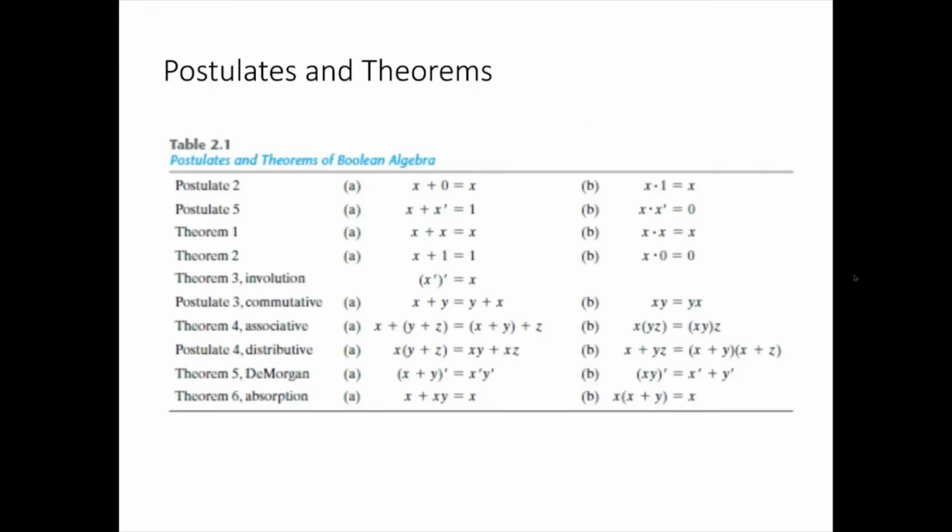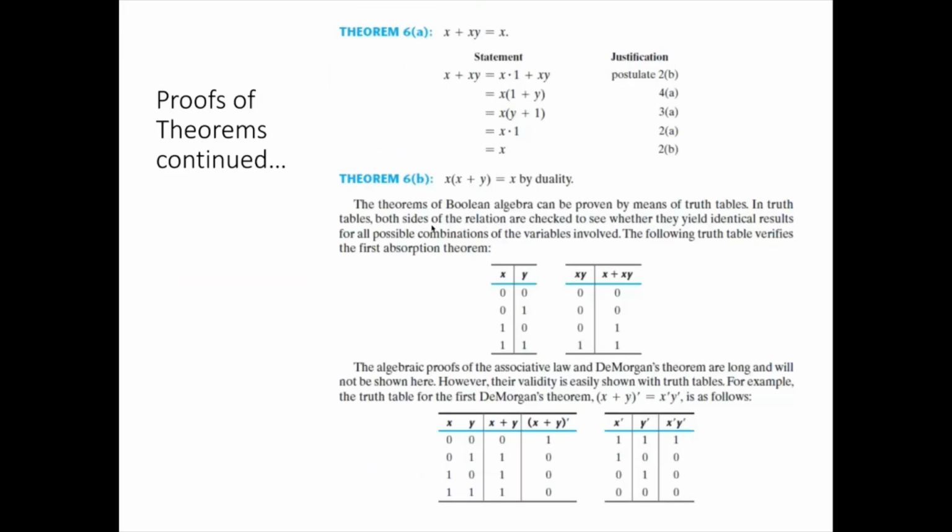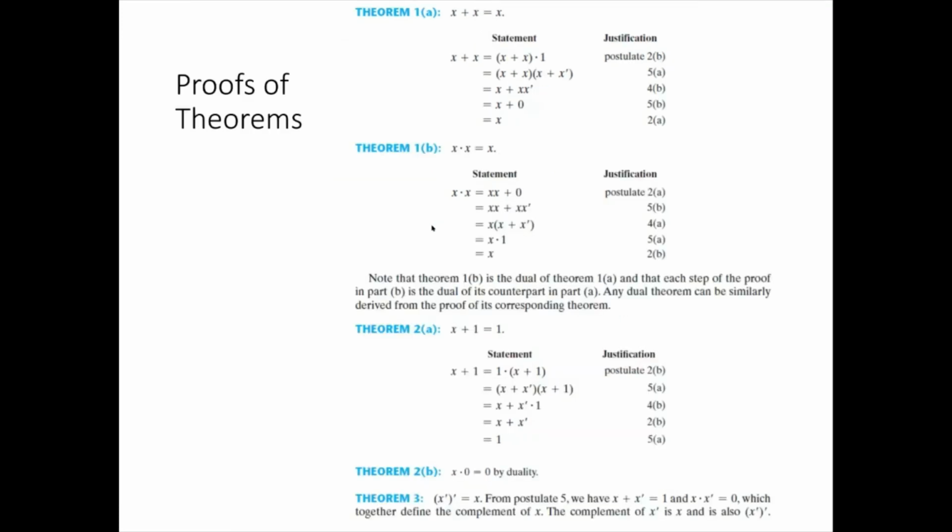Okay, postulates and theorems. The basic idea is that postulates are assumed to be true, and theorems have to be proven to be true, okay? The next couple of slides go through the theorems. I'll go through one of them, talk a little bit about the others, and show you the process of how you can show that it's true, okay?